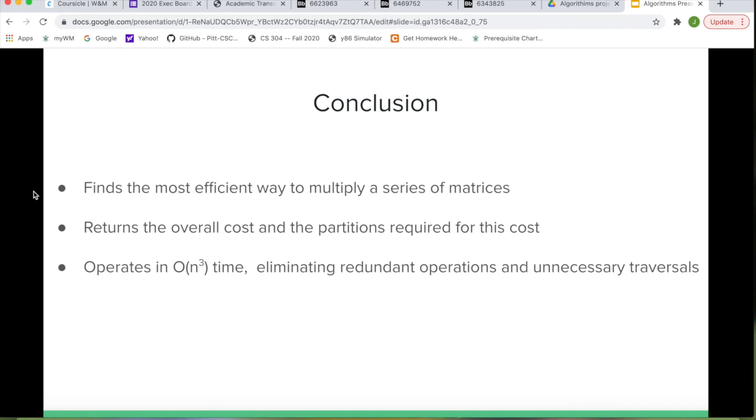This algorithm operates in a cubic efficiency, which is done by eliminating the number of redundant operations we have in our naive algorithm, by using dynamic programming and not unnecessarily traversing and doing multiplications twice.